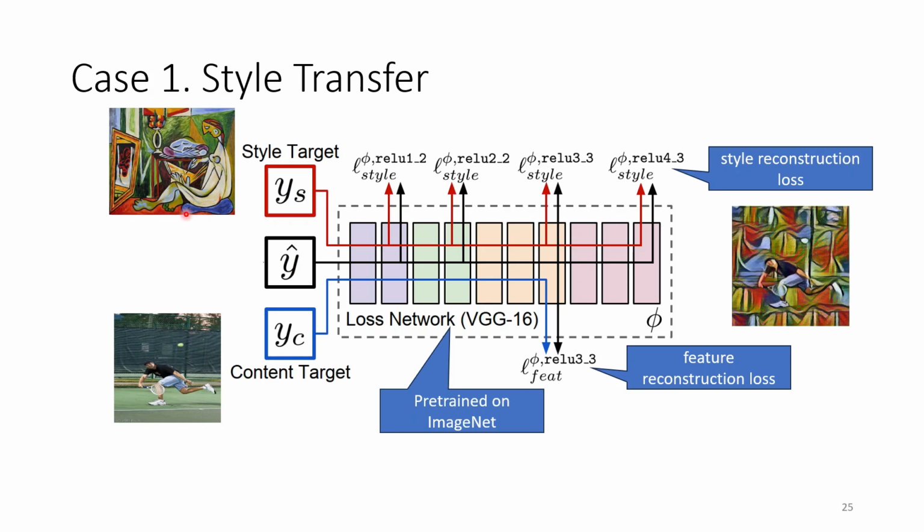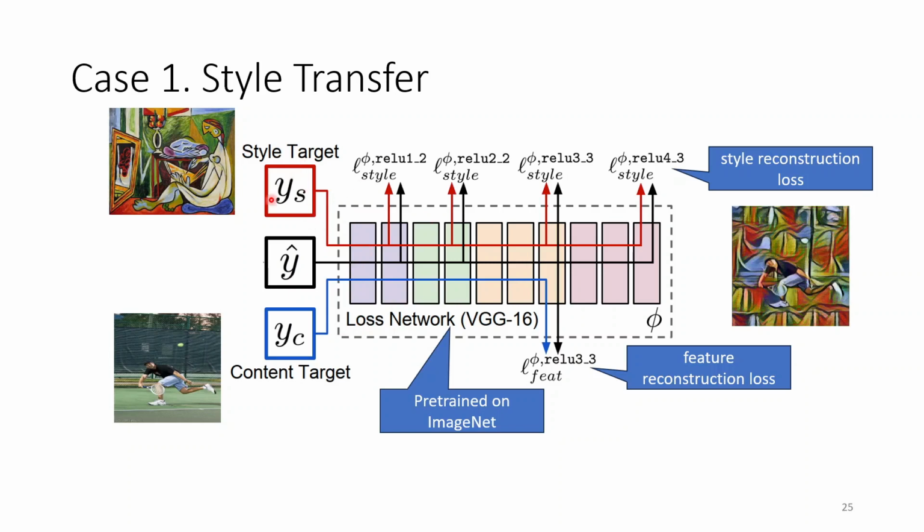Okay. So given a style image and a content image, he used a pre-trained VGG network on the ImageNet dataset. Okay, so there are a lot of layers in the VGG network.